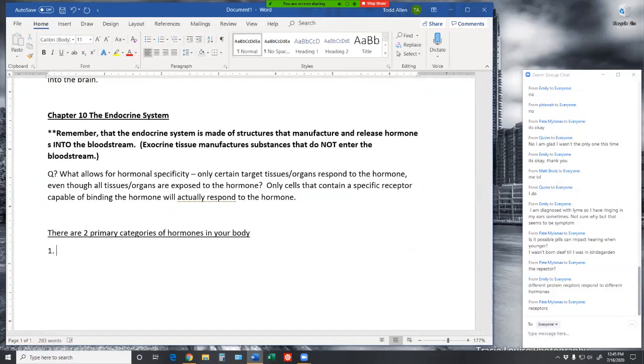Okay, so let's take the lipid-soluble first. Lipid-soluble hormones would include basically what we think of as our steroid hormones. And remember, steroids are types of lipids, so that's consistent with what you've learned from chapter 2.